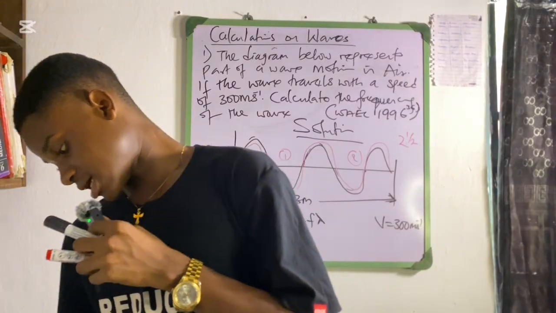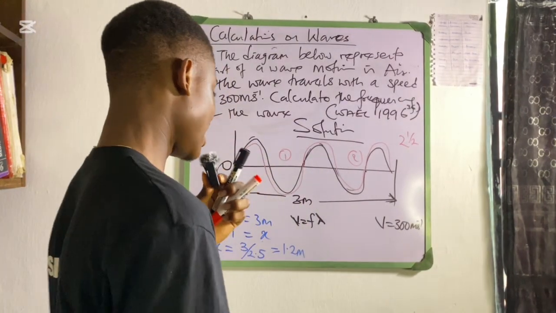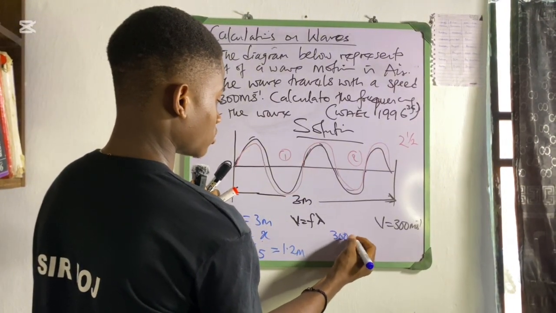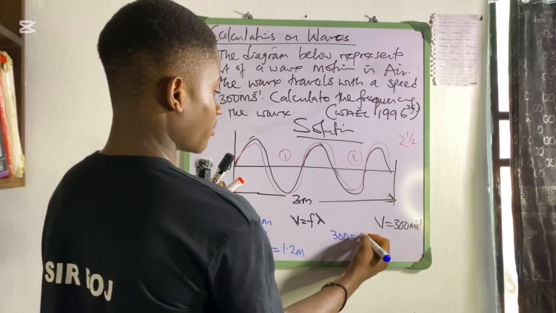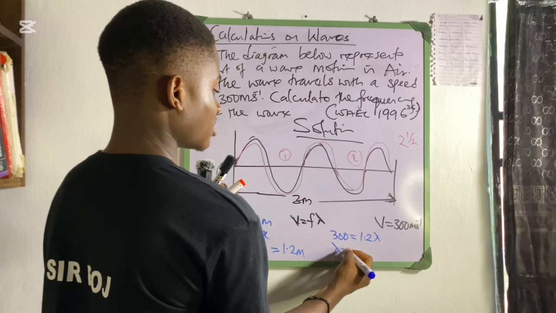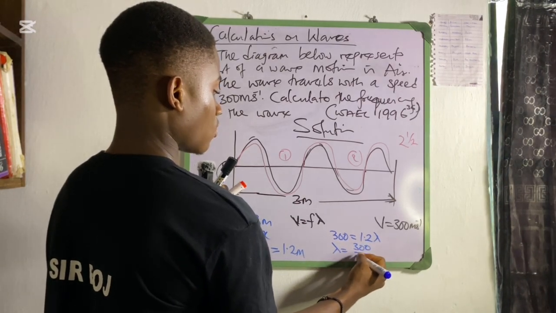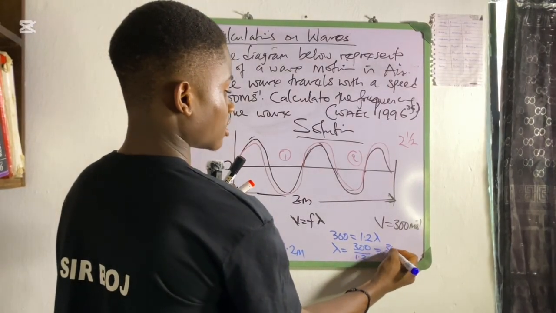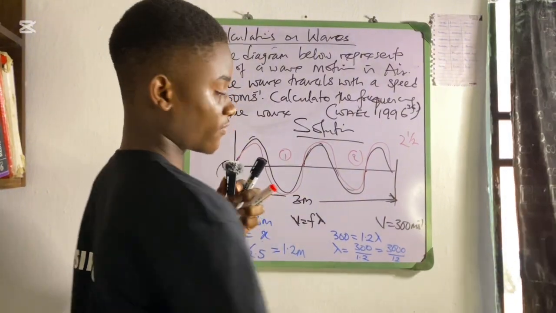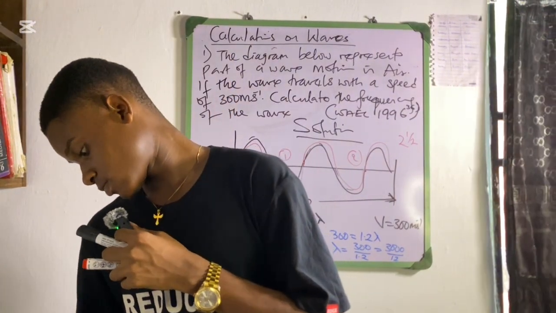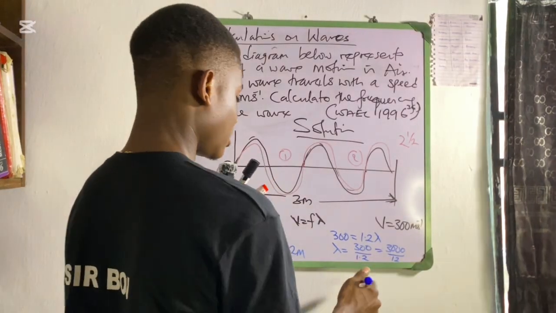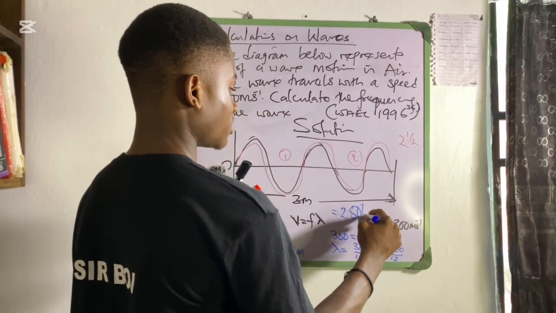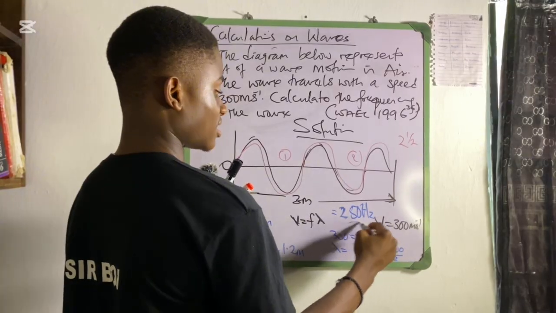So now V, 300, is equal to 1.2 lambda, so F is equal to 300 over 1.2, which is 3000 divided by 12, which is 250 hertz. So the answer is 250 hertz. Do you understand?